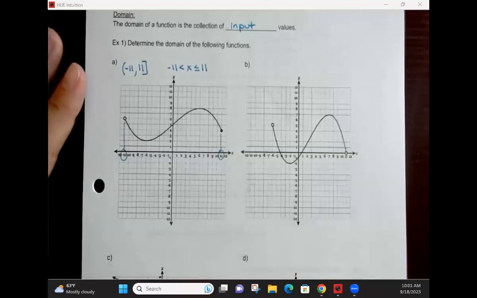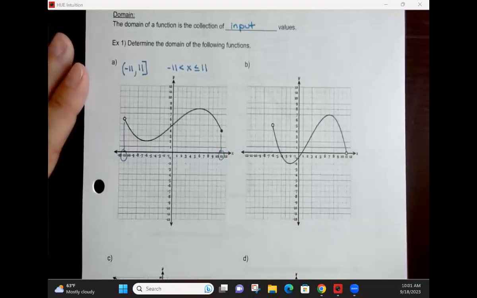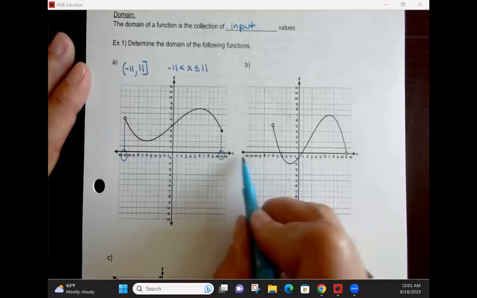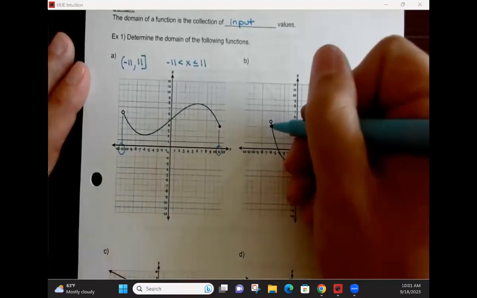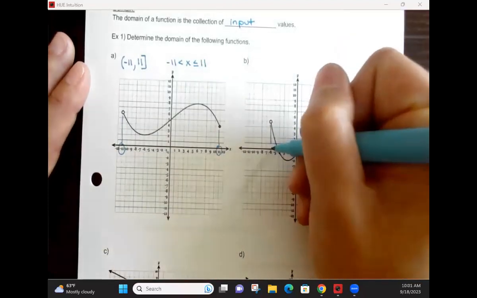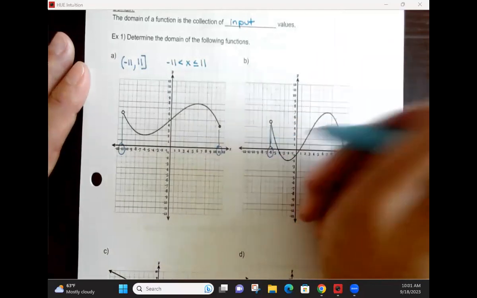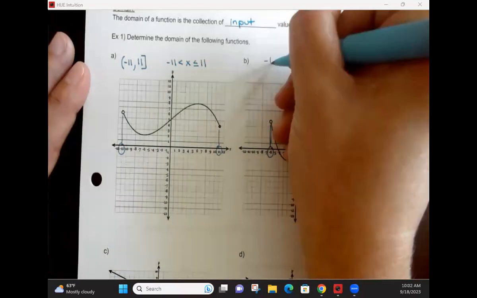For B, same idea. What's the smallest x value that I can have here for this function? Smallest x value. We're back here somewhere. Looks like we're at -6, I think. So -6.